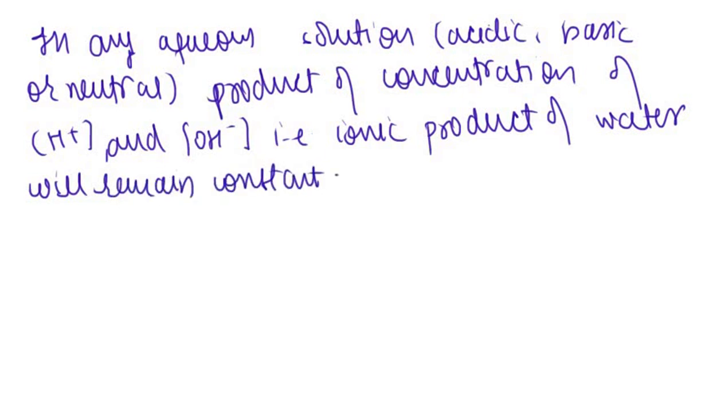The ionic product of water will always remain constant, because it depends only on the temperature. So whenever we have a neutral solution, the concentration of H plus will be equal to the concentration of OH negative. That is called a neutral solution.